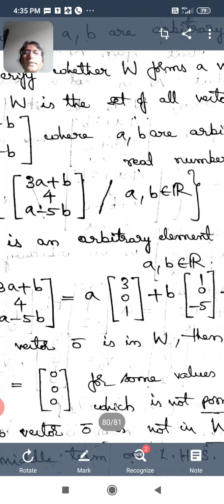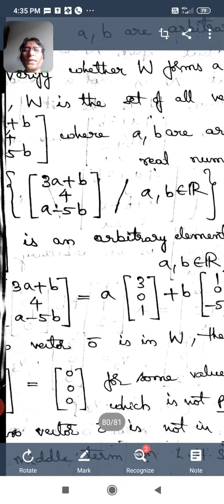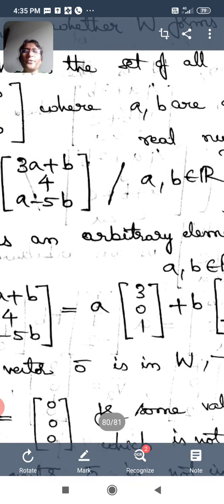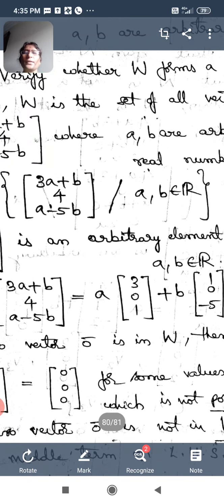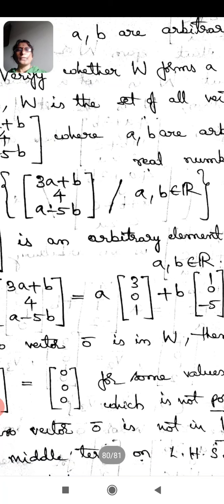When a is taken common from the left hand side column vector, we can see the coefficients of a in that column vector are, in the first entry 3, in the second entry, as there is no a, we should consider the coefficient of a as 0, and in the third entry the coefficient of a is 1. That is how a should be multiplied with the column vector 3 0 1.